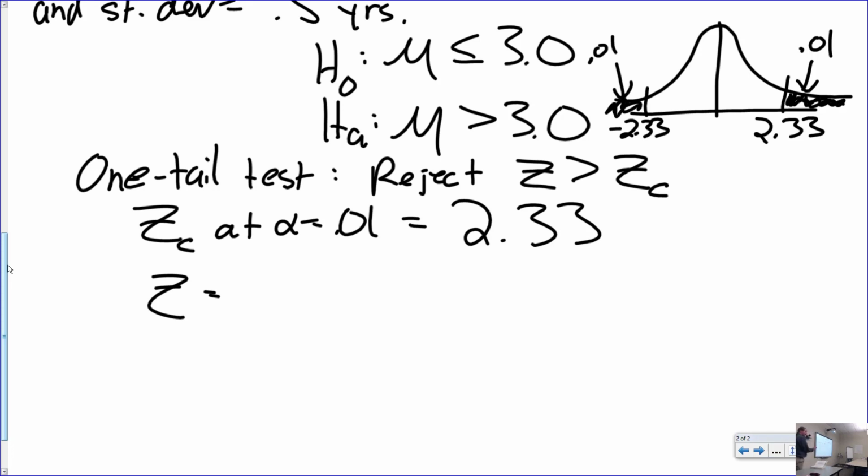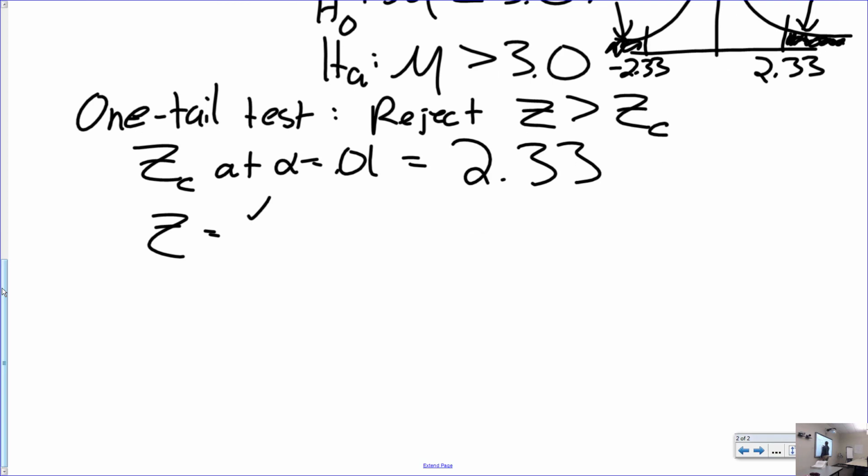Your actual z value that you're calculating, folks, that's the same stuff. X bar minus mu all over s over the square root of n.